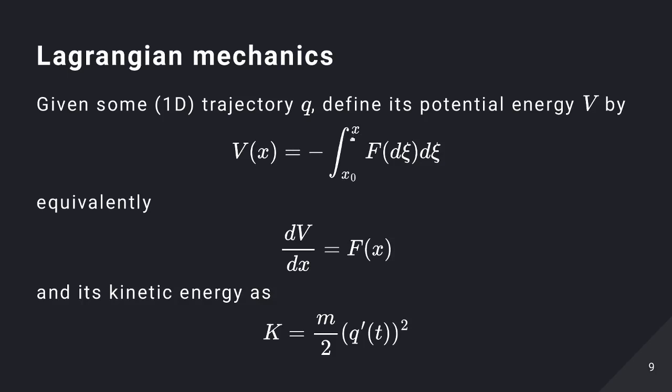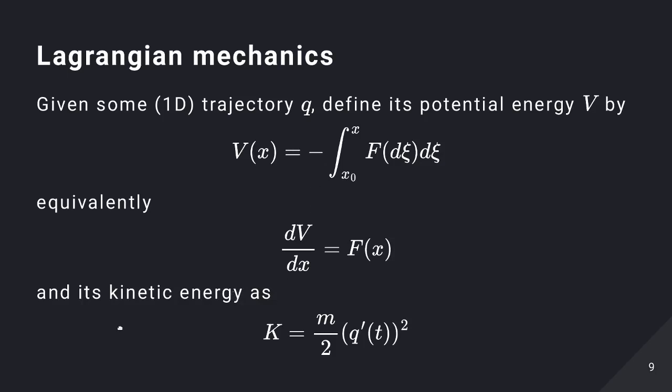It's the same way as we define, let's say, the gravitational potential as the mass times the gravitational constant. It's the amount of work you have to do starting from x0 to get to x against the force. But really a more telling definition of the potential is just that its derivative is the force. So we say the force derives from a potential, and really the potential can be defined up to a constant, right? Just take the derivative, so we have V plus a constant, it doesn't matter, and that's why we can choose the initial point arbitrarily.